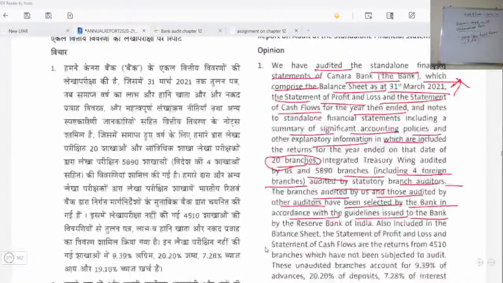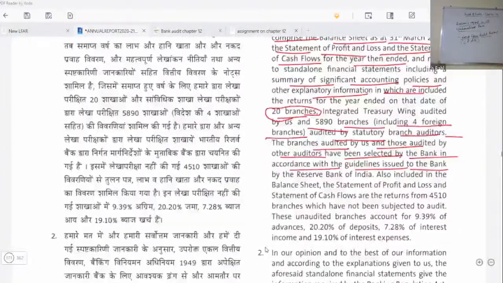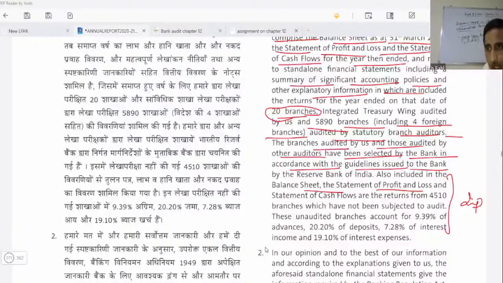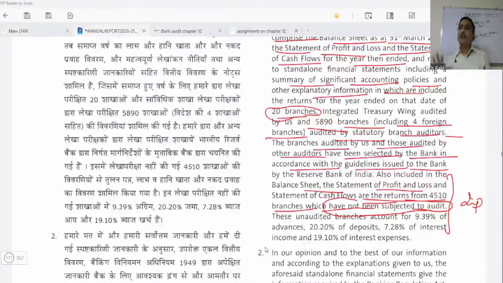And one more thing important, it states that the balance sheet and profit and loss include returns from so many branches which have not been subjected to audit. So auditors are clearly stating that so many branches have not been audited. Guys, you have to understand that in the case of public sector banks, there are thousands of branches.